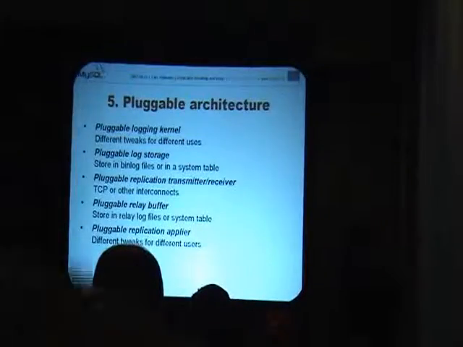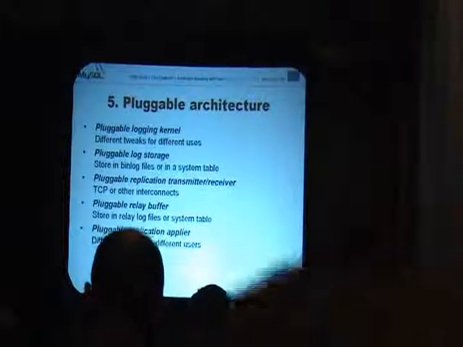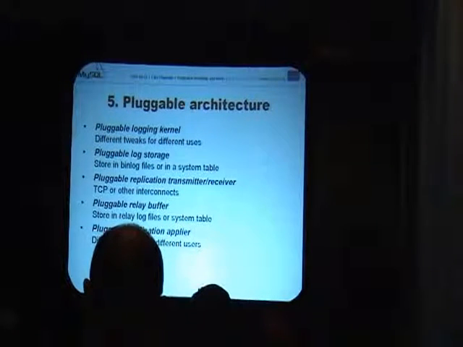And the relay buffer, we can also store it in files or system tables, and the applier can also do different tricks. When we create multi-threaded appliers, which will execute things faster for certain kinds of scenarios, that can change this.